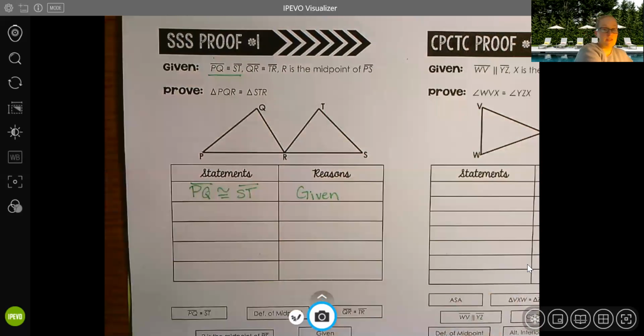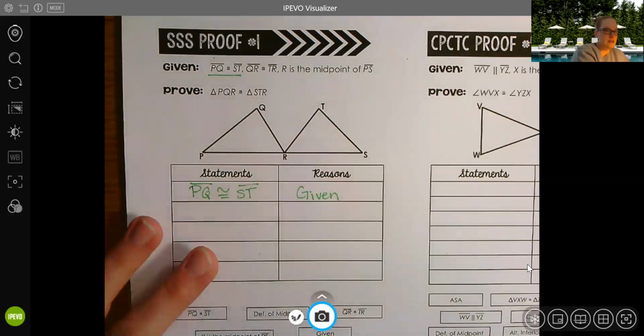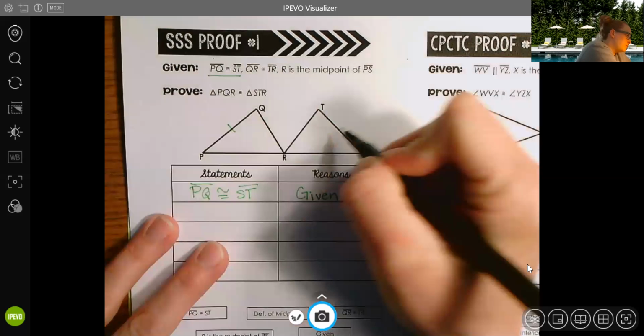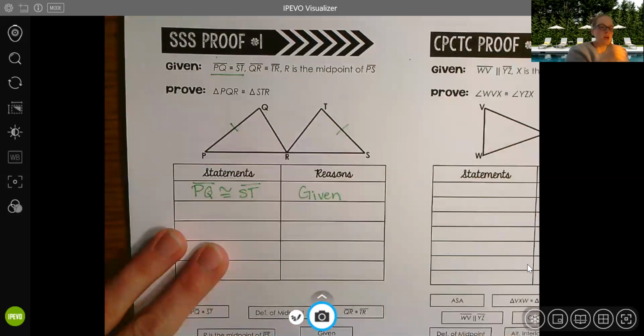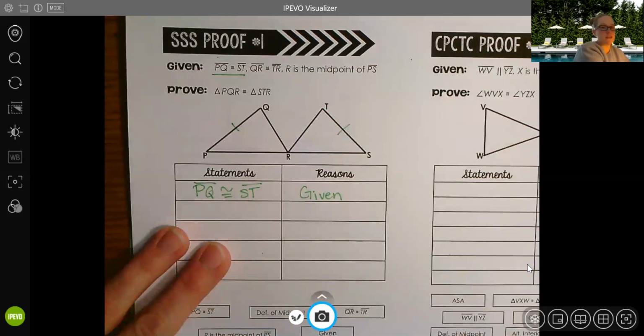All right, so that's step 1. Step 1 in our steps that we wrote down was label the picture. We should do that. PQ is congruent to ST. So now it's marked.